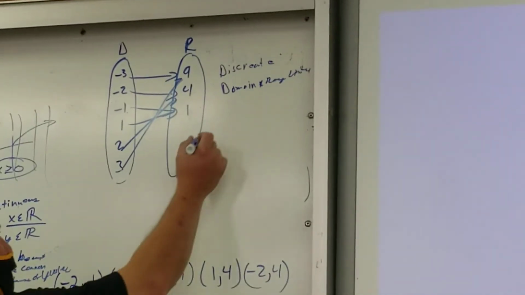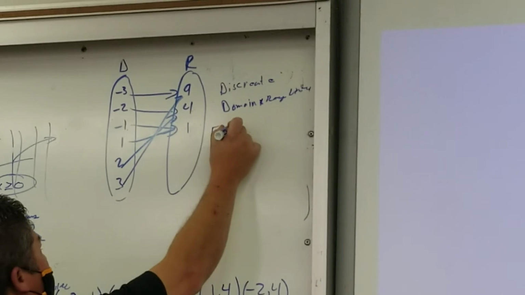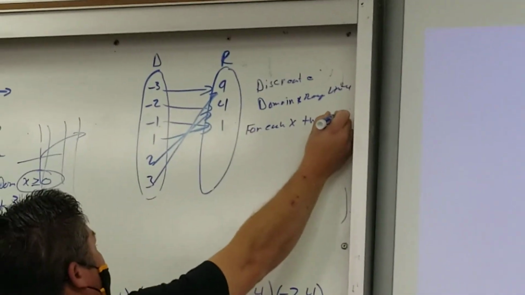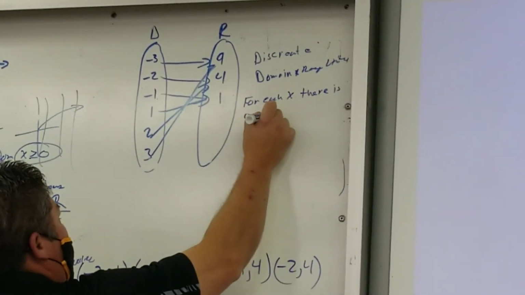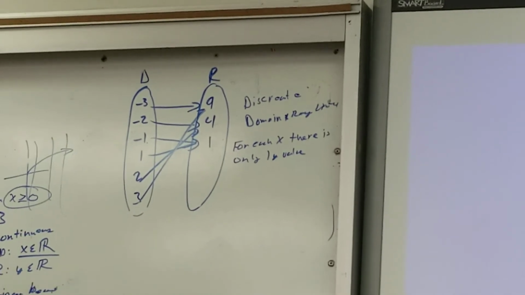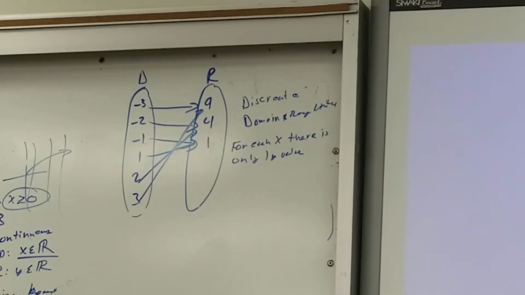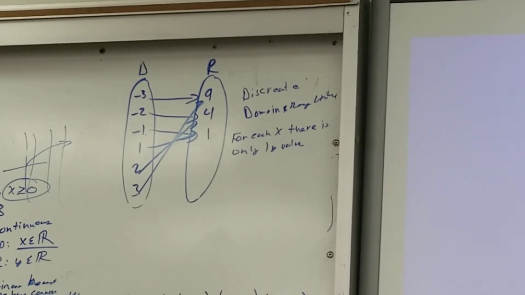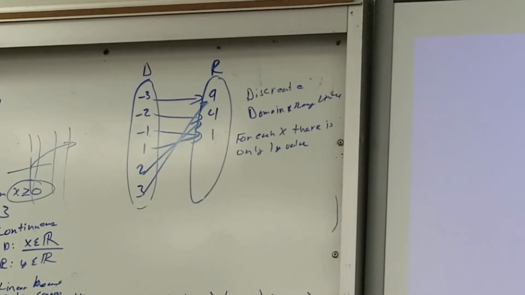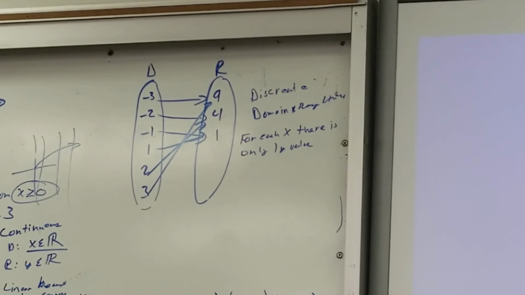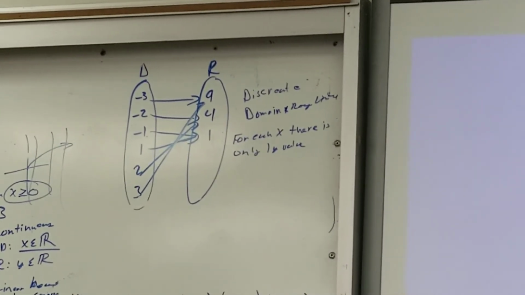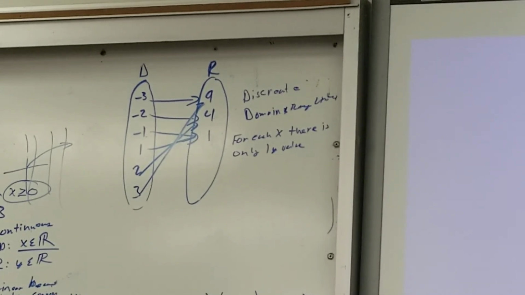So for each x, there is only one y value. Does it matter that the y value of 9 is used twice? No, I only care about the arrows coming out of the x's, not going to the same y. I don't care if the y is used more than once. I just can't use an x more than once. That's key. So this is a function.